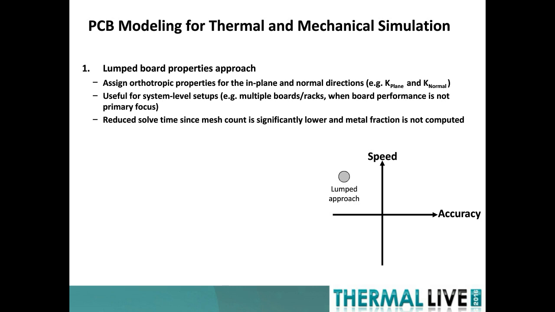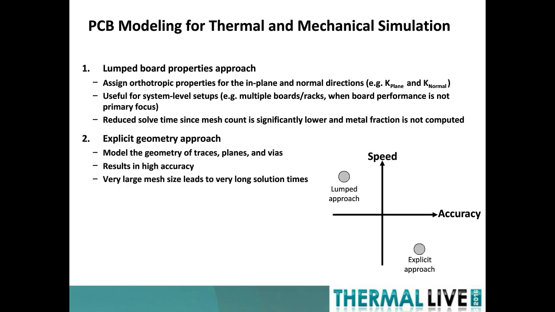I plotted the lumped approach here on this speed versus accuracy graph, and you can see it's in the top left. Good speed, but the accuracy is sacrificed because when you use the lumped approach, you're not going to be able to account for detailed heat flow paths in the printed circuit board. An alternative is the explicit geometry approach, where you model the geometry of traces, planes, and vias in full detail.